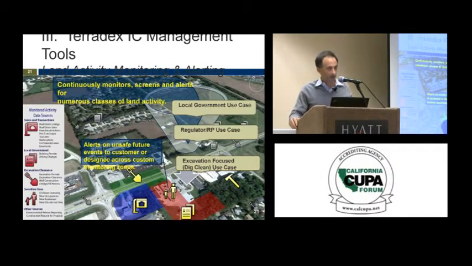The idea behind Teredex came, this is why I joined these guys 3 years ago after knowing the space for 15 years, is recognizing that it's really hard to know whether there are things happening in a property that shouldn't happen. So it had in mind the state regulator primarily, or the landowner, both of whom have the same interest of assuring that the things that aren't supposed to happen actually don't happen.